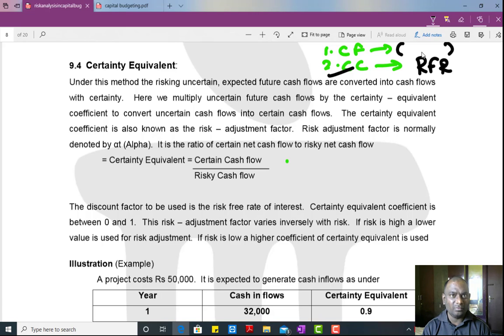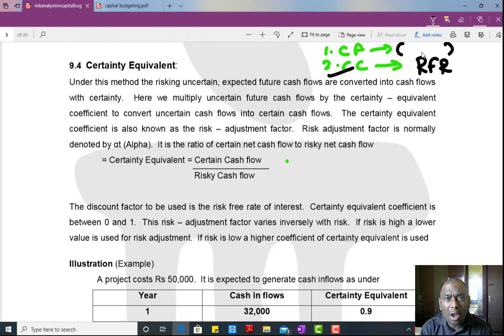The moment I multiply this with the probability, the risk of the cash flow changing will not happen. If it has to happen, it will happen a little on the higher side, but on the lower side it will not. So this cash flow I will discount at the risk-free rate. Very simple. That's all, the certainty equivalent approach.